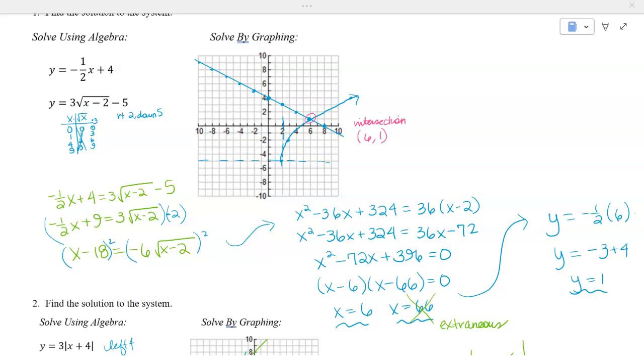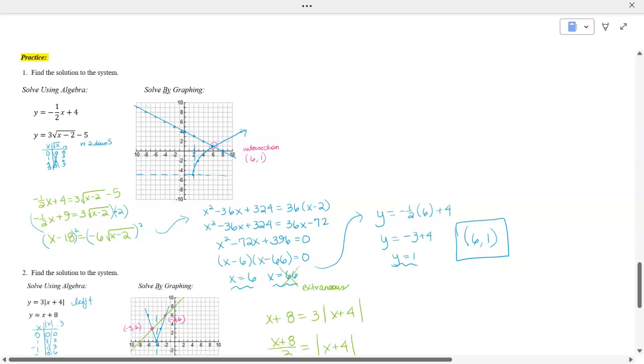You do notice when I have this -6 times the square root of x minus 2 in parentheses squared, I square the -6, which gives me 36. And then the square root of x minus 2 squared just gives me x minus 2. So I went through and solved for x, and I did get another value of x out at 66.